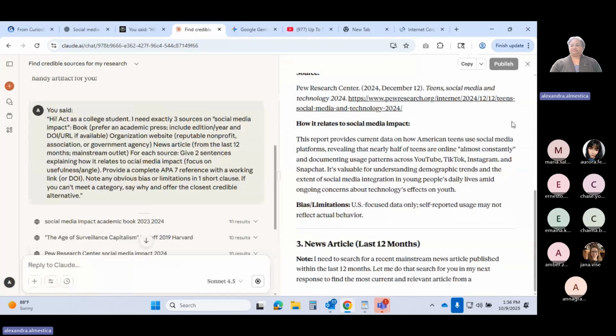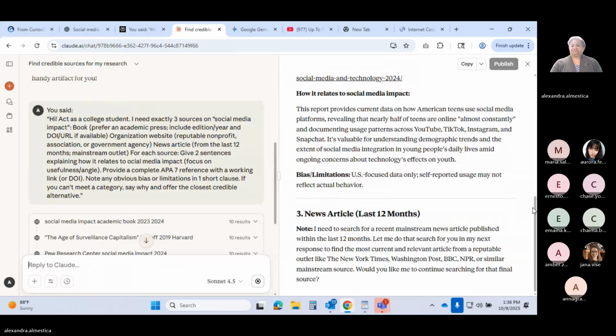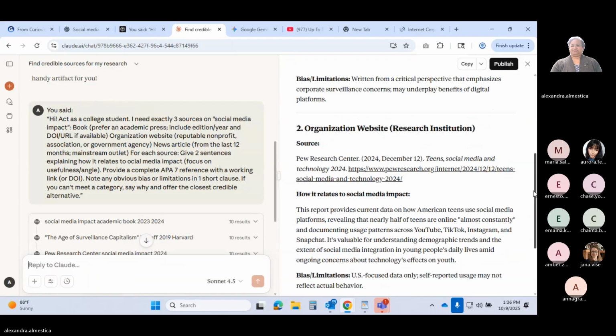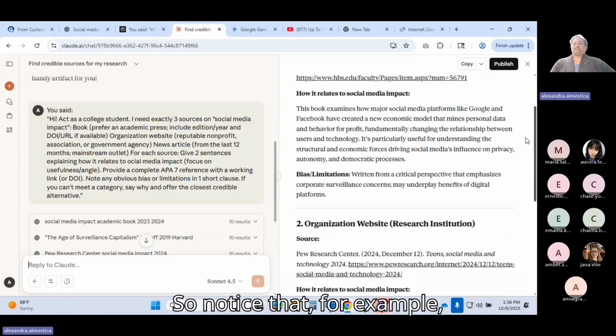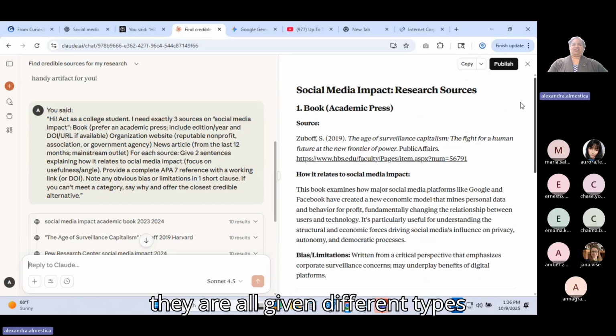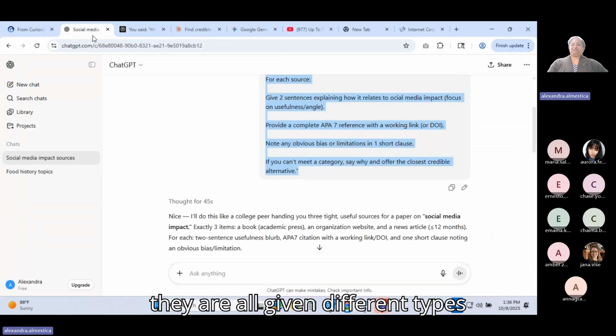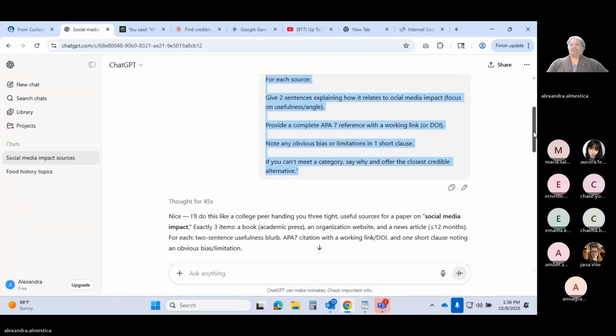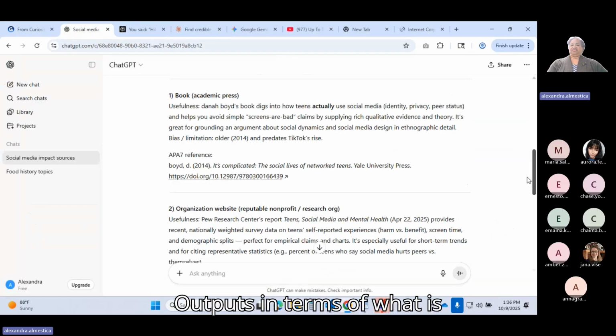Here we go. So notice that, for example, they have all given different types of outputs in terms of what is happening.